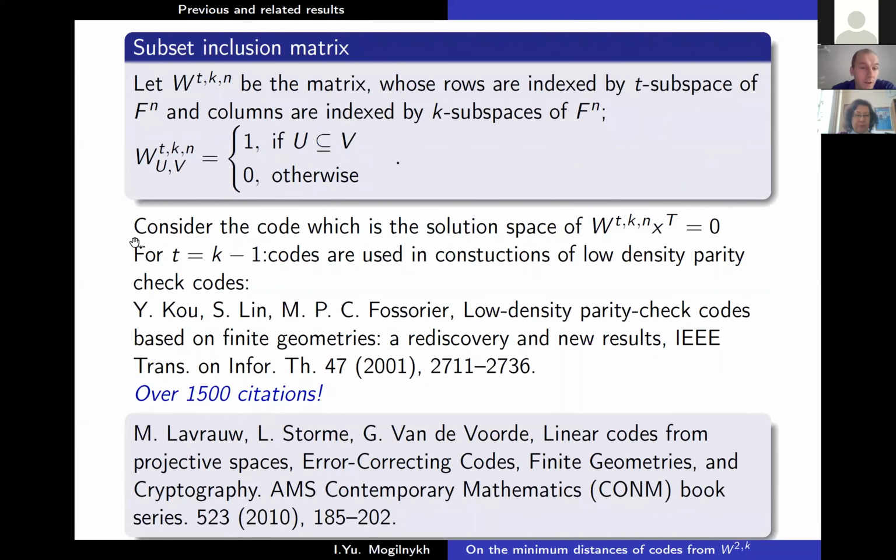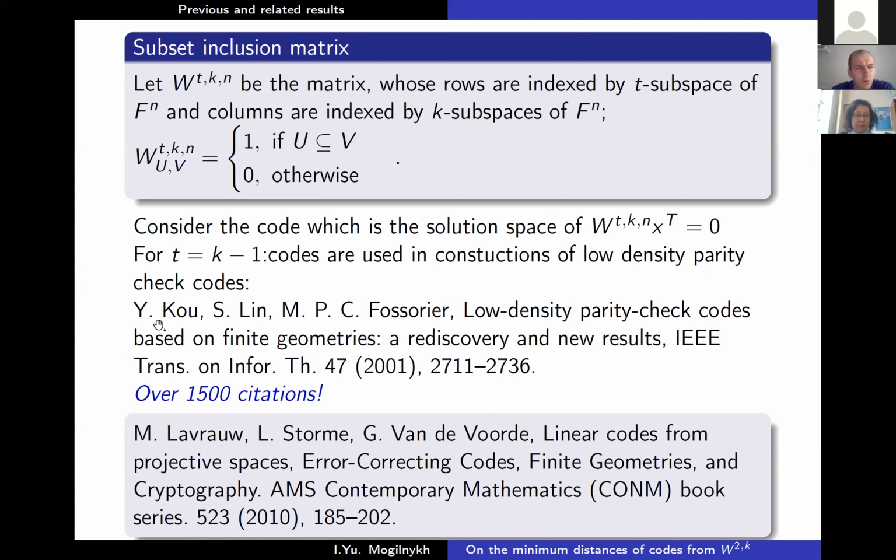In the same manner, we can define our new code to be the solution space of the system of linear equations with this subspace inclusion matrix. These codes are interesting from various points of view. In particular, they are used in constructions of low density parity check codes.